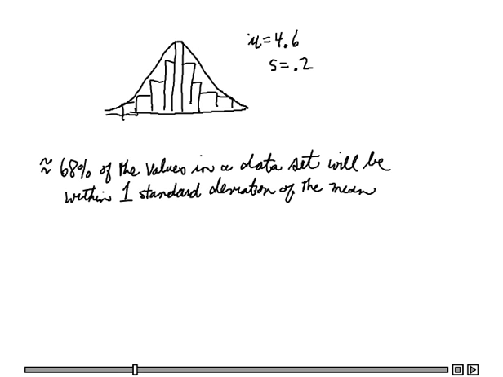Now, what the empirical rule is saying is that in a mound-shaped distribution where the average would be pretty much in the center of that, if I go one standard deviation to the left, that would take me down to 4.4, and one standard deviation to the right, which would take me up to 4.8, that approximately 68% of the Hershey Kisses in that data set, 68% of them, will be in that range.